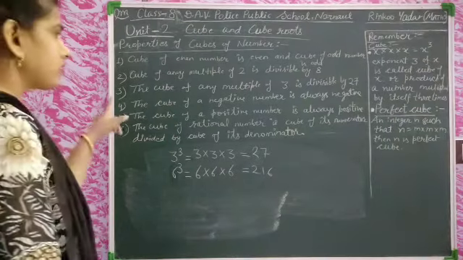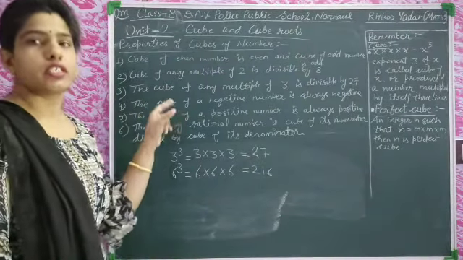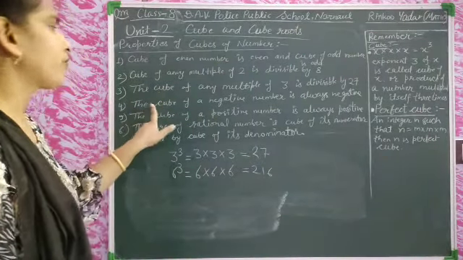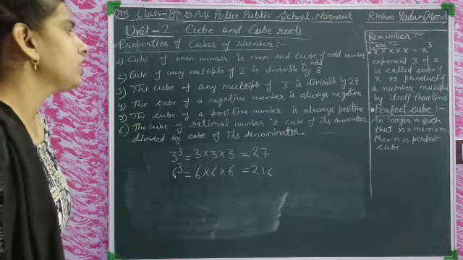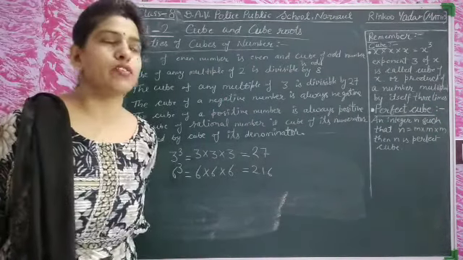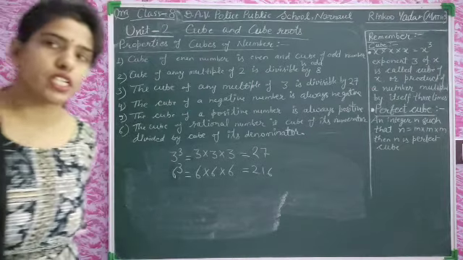Now students, you are seeing there property number 4: the cube of a negative number is always negative.